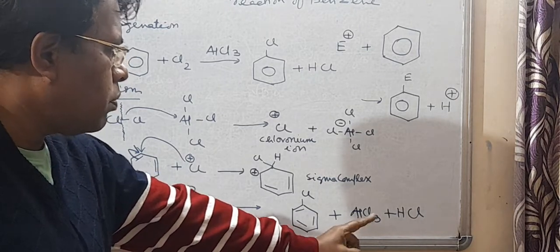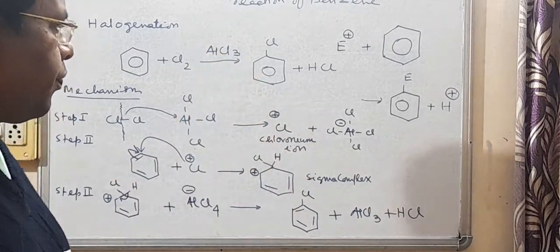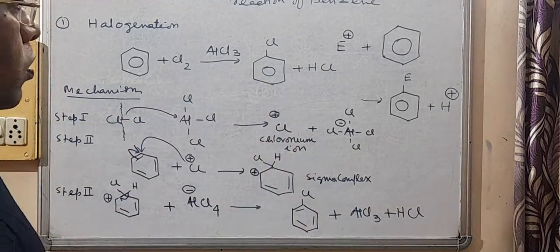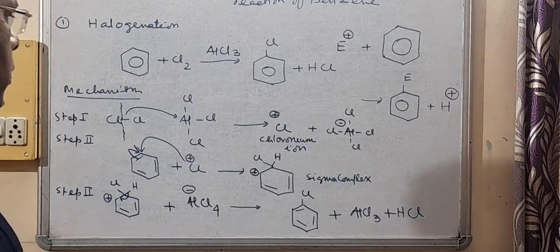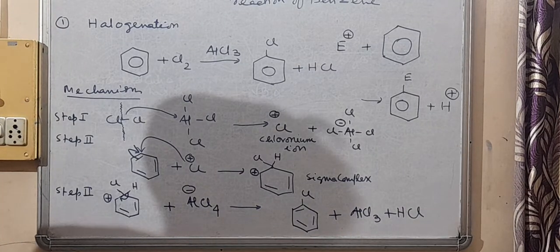AlCl3 is regenerated, and we can say that this AlCl3 is acting as a catalyst. So this is the mechanism of halogenation.